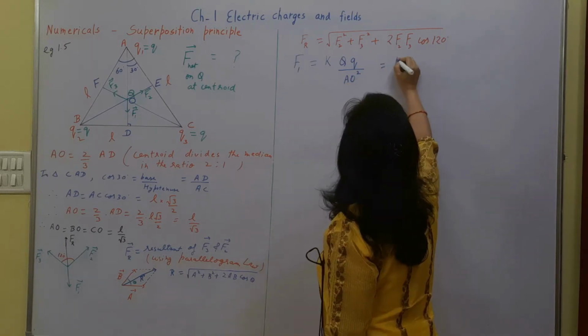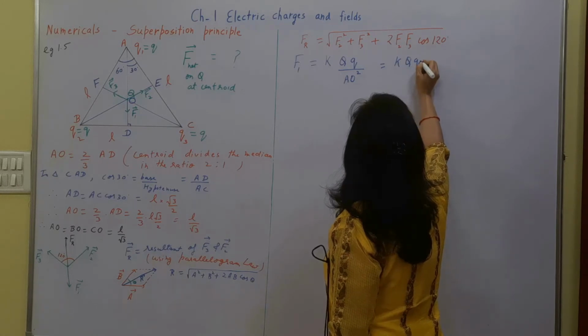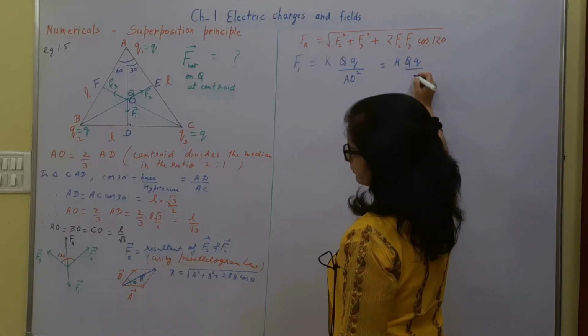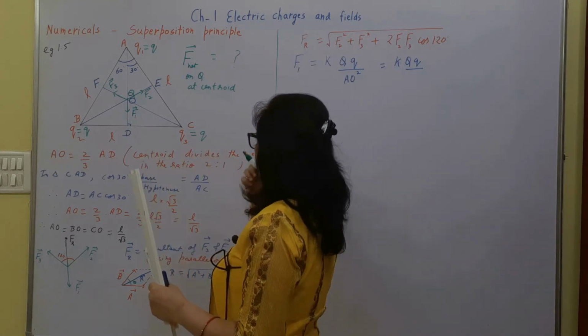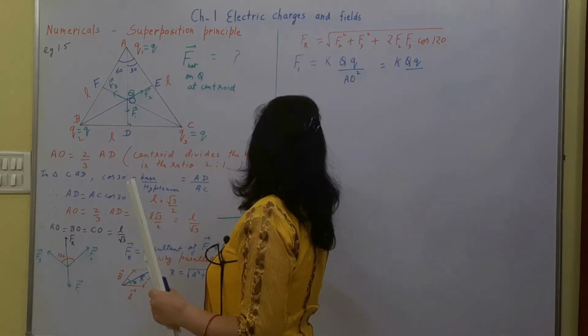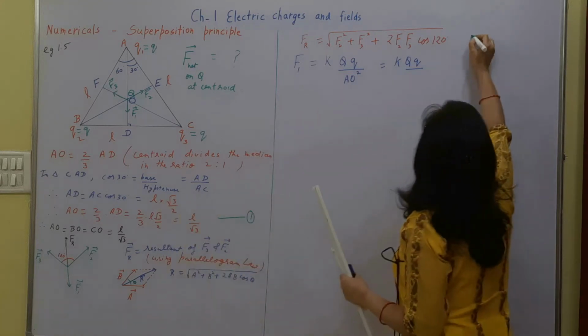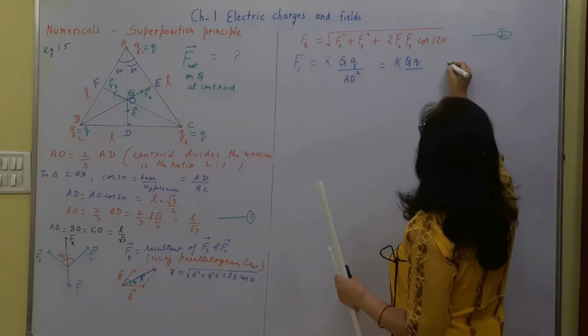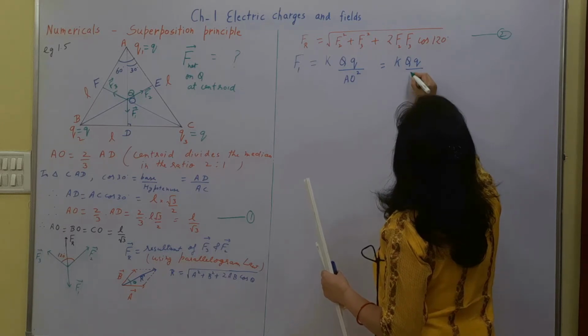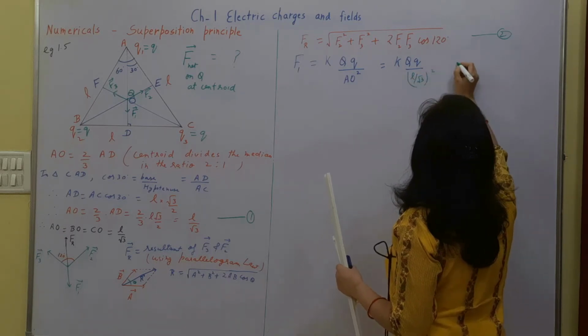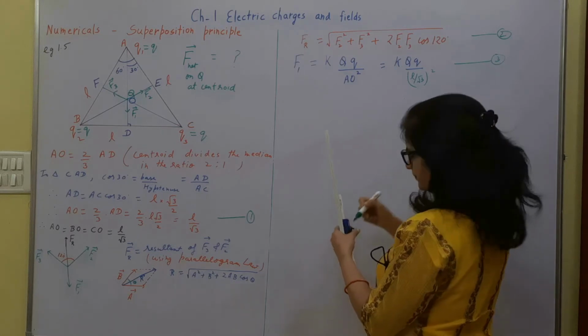And this can be written as K Q q upon AO, which is how much? L upon root 3. So, this is equation 1, this is 2 and this is L upon root 3 whole square. So, this is equation 3.